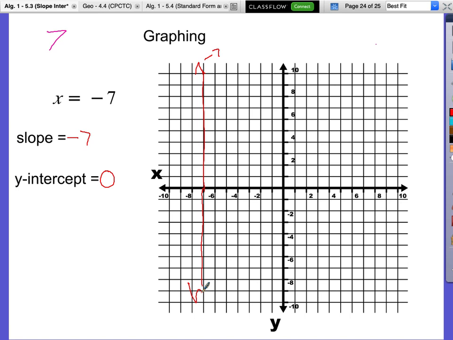So actually, one thing I would alter, her line is perfect. It's at -7. It's all the points where x is -7. X is -7 here, here, here, and so on and so forth. What's the slope of a vertical line? Vertical lines have an undefined slope.